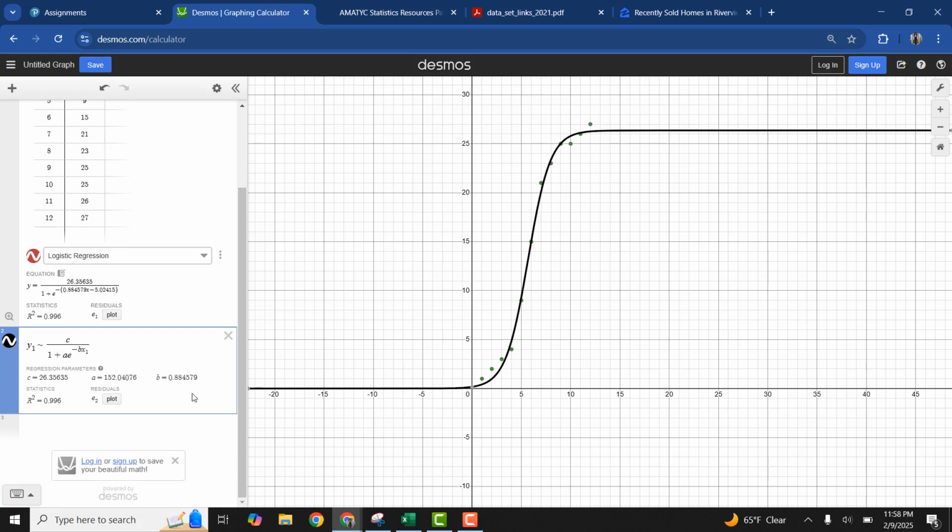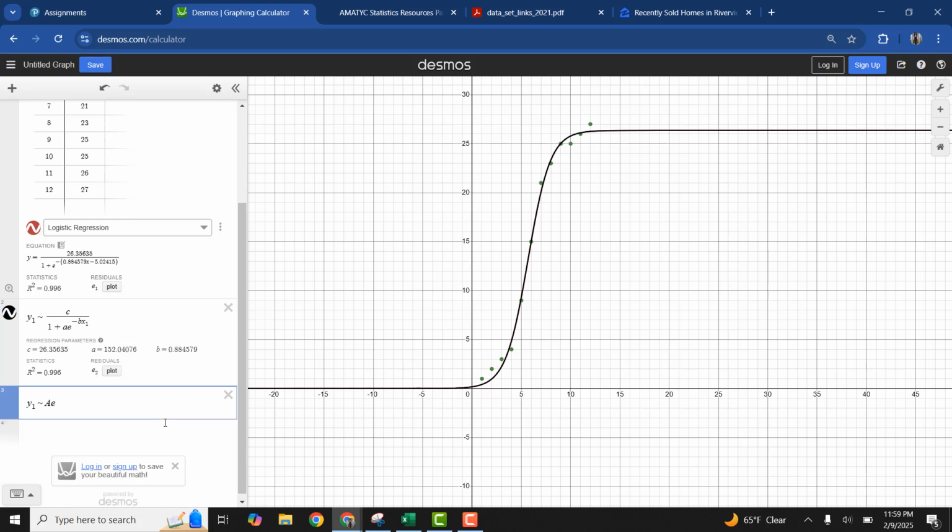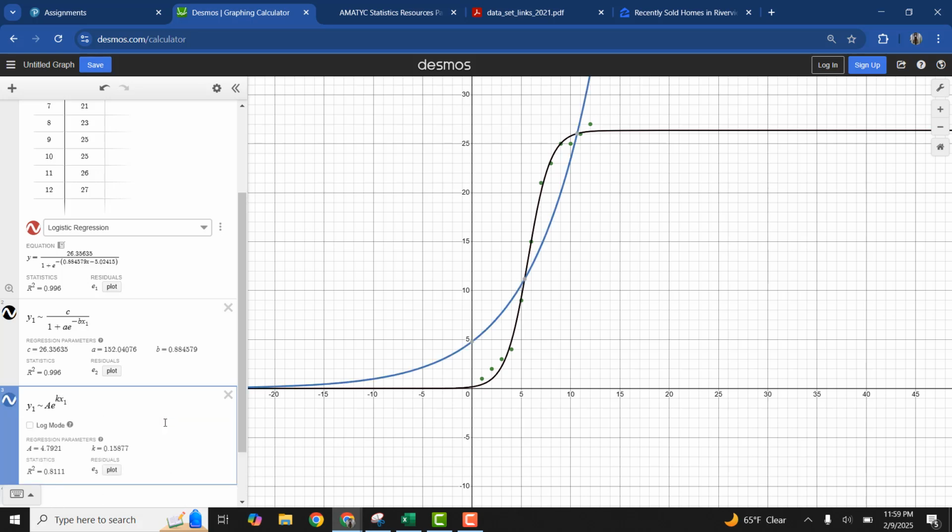That's really about it. If you were asked to fit an exponential model for the homework, same idea. You would just do a e to the k, instead of t would be x1. Make sure you don't pick the same letters you picked before. And again, make sure you pick log mode, and that's how you do an exponential model if it asked for that.